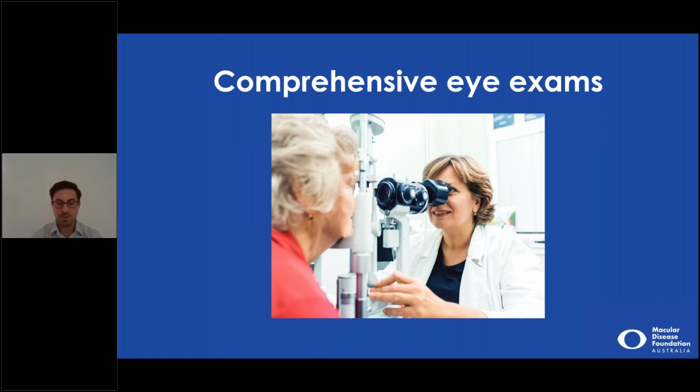Because as we talked about previously, the earlier stages tend not to produce visual symptoms for patients. Likewise, if you have any risk factors for other eye diseases, such as diabetes, high blood pressure, or a family history of any eye disease, your eye care professional will also monitor you for these changes and conditions in your exam as well.